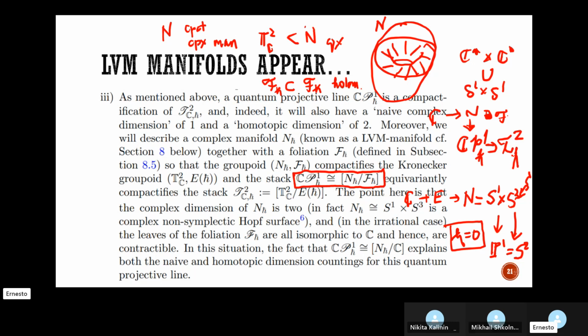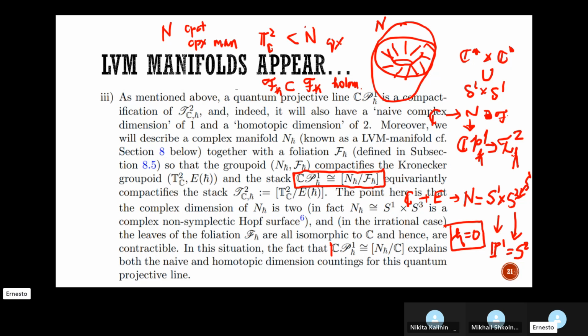Yeah. It's a very beautiful story. The elliptic fibration, as you perturb it, becomes the compactification of the Kronecker foliation. And this is a big surprise. And this is one of our discoveries. The elliptic fibration was very well known. The Kronecker foliation was very well known. But this relation between the Kronecker foliation and the classical elliptic fibration on the Hopf manifold, it was kind of like, something is going on.